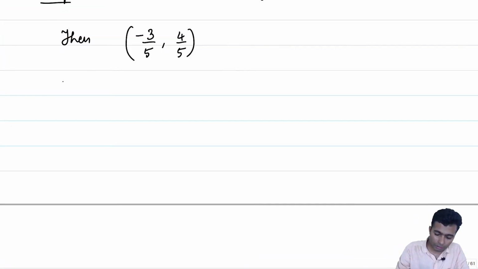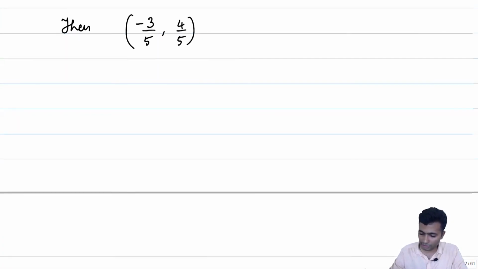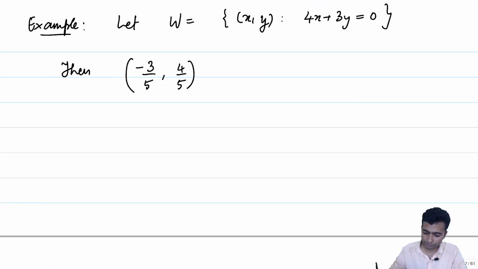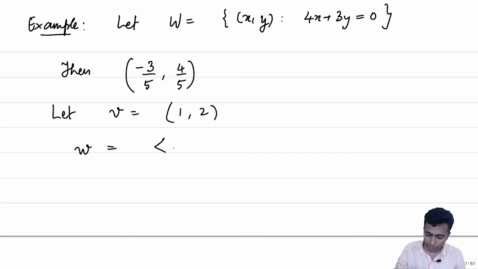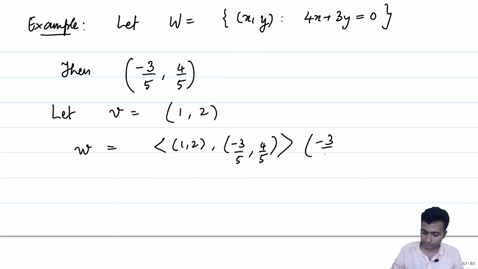And therefore, let v be some vector. Let us pick some arbitrary vector. So let v be equal to say 5 comma 6. Let us take a small number, calculation will become difficult otherwise. Let us take it to be 1 comma 2. Then the projection of v will just turn out to be equal to small w, which is equal to the inner product of 1 comma 2 with minus 3 by 5, 4 by 5 times this vector.